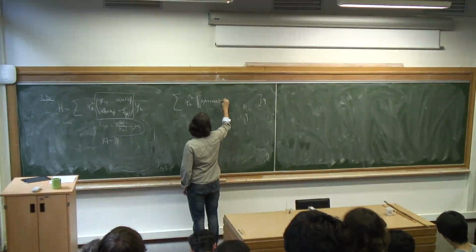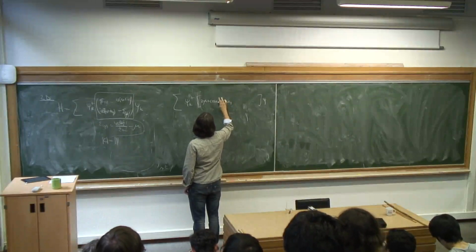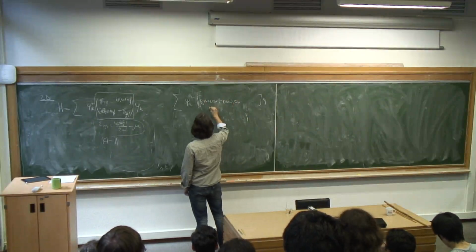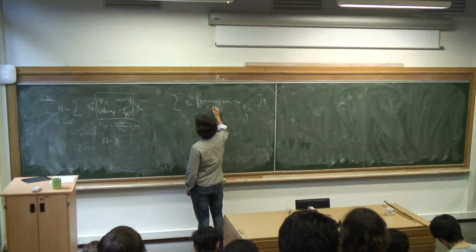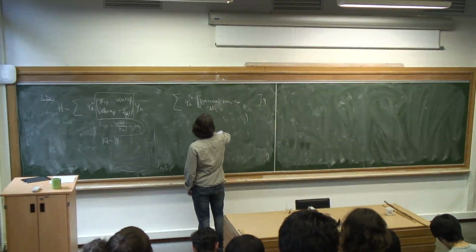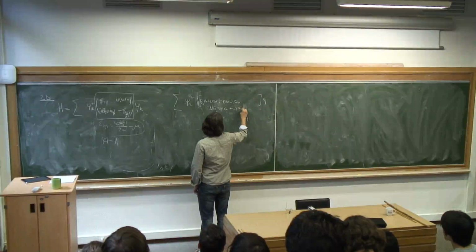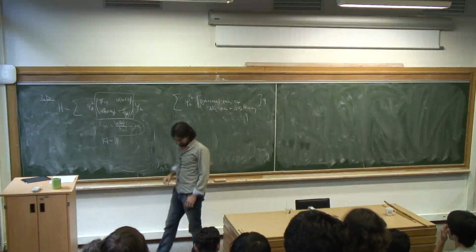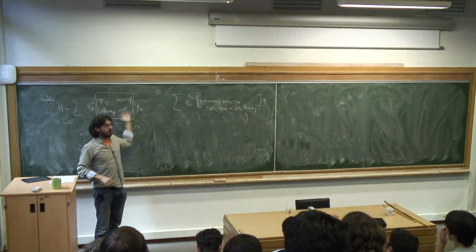Notice that when k is small, this reduces to that. Okay? So that's clear, right? When k is small, this reduces to this.